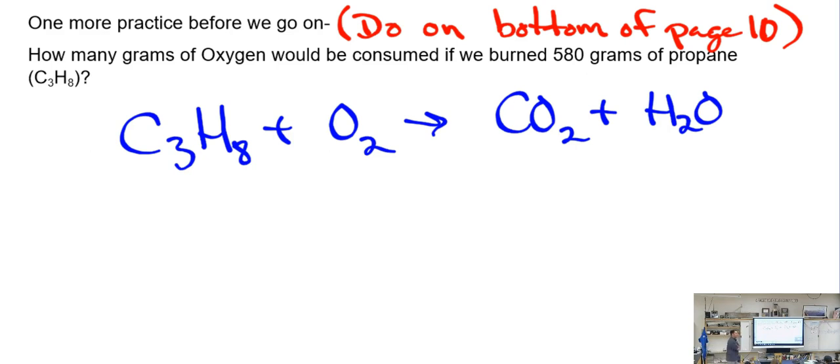This is a combustion reaction. If you're stuck on the balancing, but you get the math, I can come give you the balancing answers. Well, I'll just put them up here in like 2 minutes.